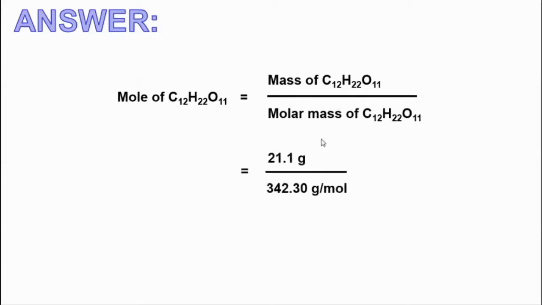Given in the question, the mass of sucrose is 21.1 grams, divided by 342.30 grams per mole. If you are wondering where we get this value, you need to calculate it yourself. If you forgot the values, no worries, you can refer to the table of relative atomic masses at the back of your tutorial book.